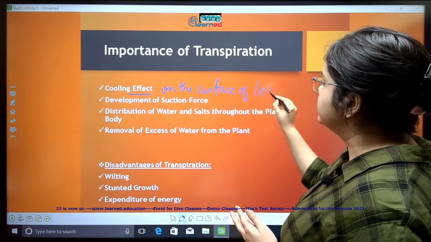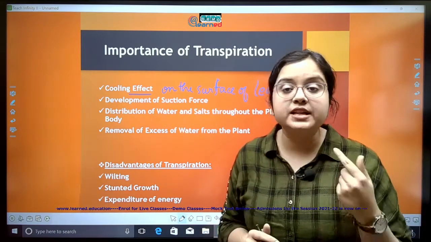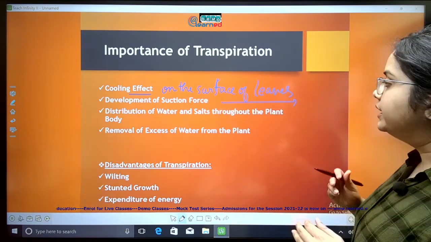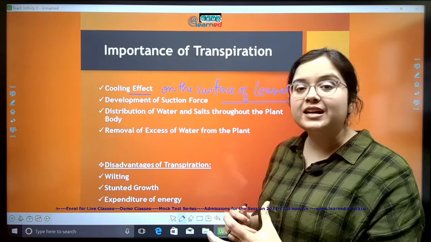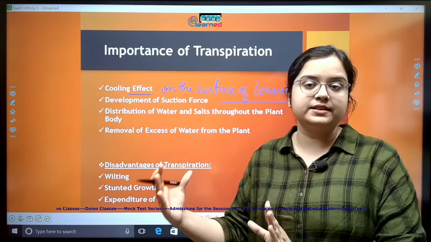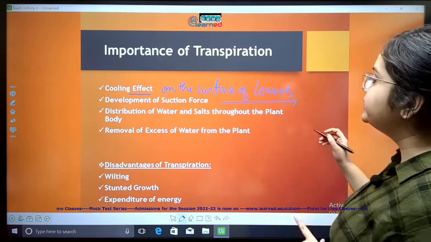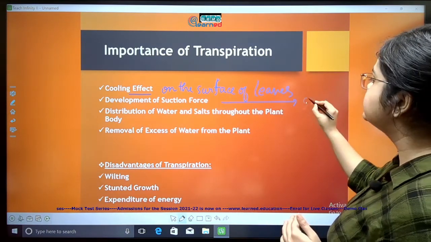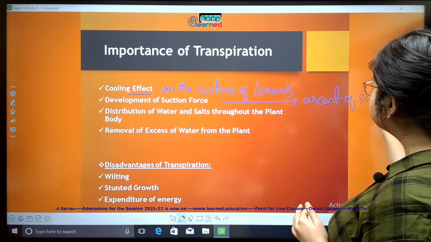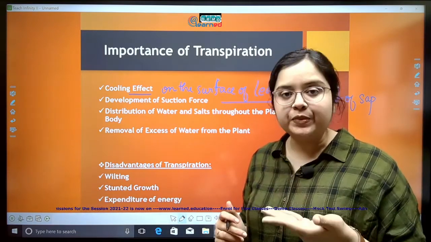Next, a very important effect of transpiration is the development of suction force. You have learnt in your absorption chapter how transpiration causes a suction force in the entire plant, so that water can be pulled up in a single column through tall trees. It causes the ascent of sap, that means the conduction of water through the xylem vessels up into the tree.